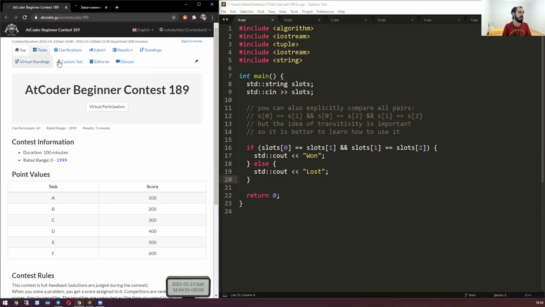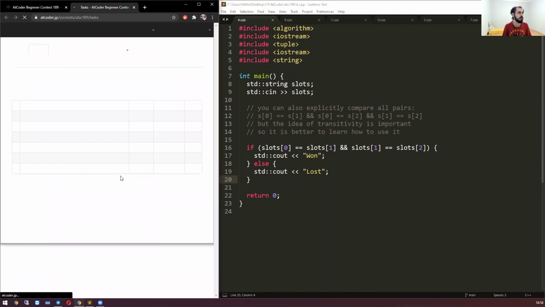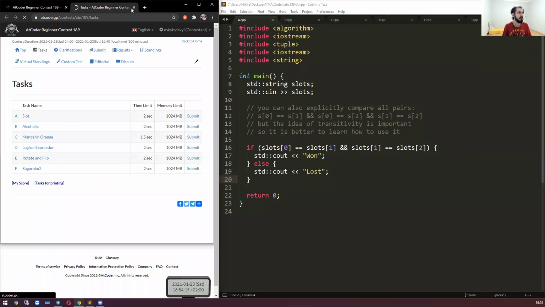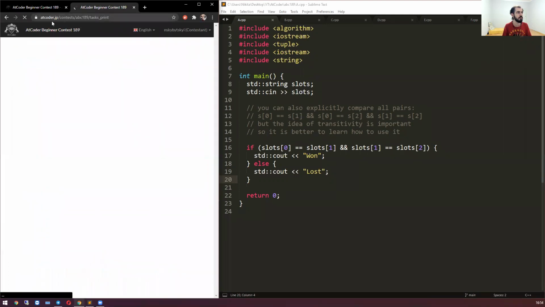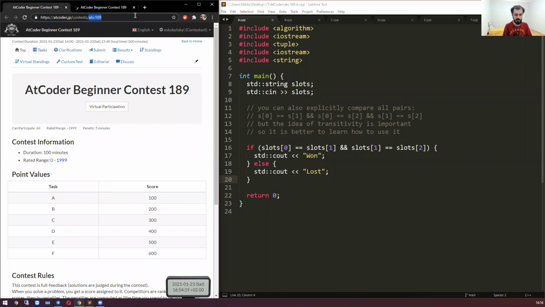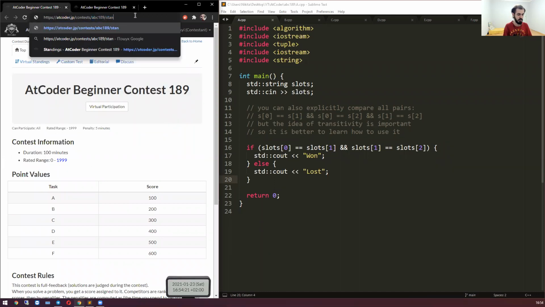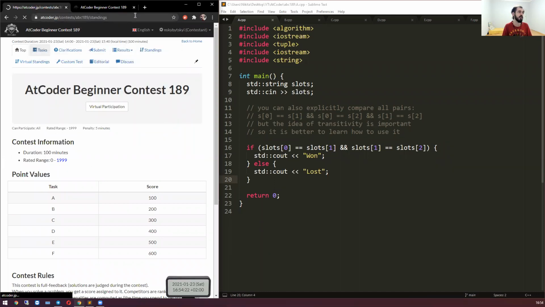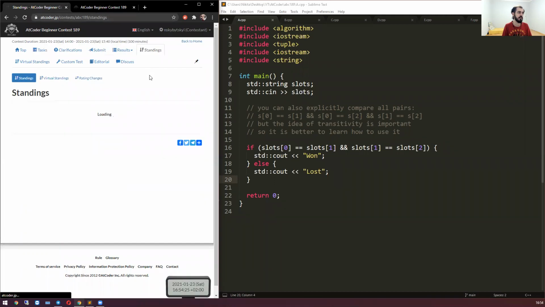Let me quickly open the tasks for printing. This should be somewhere here. In terms of standings, I think I finished 88th for the second time in a row on ABC.